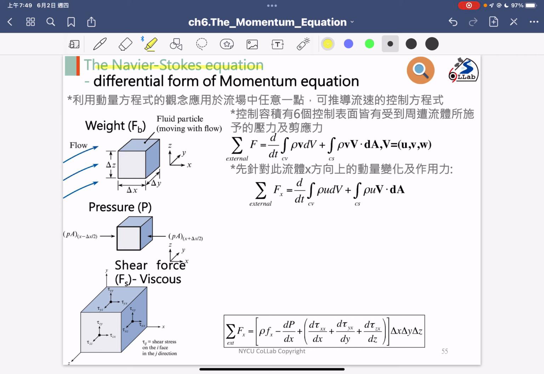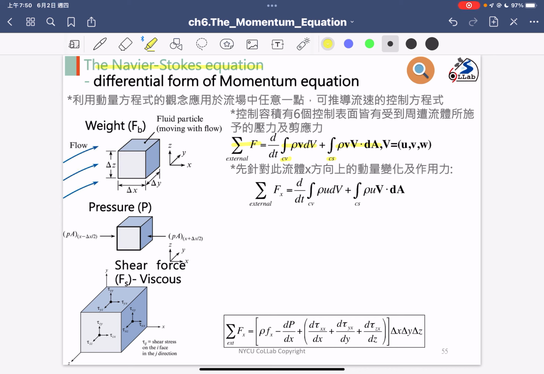Okay, so the idea is quite simple. We just start from the momentum equation. We know that the external force will equal the d/dt of the integral along the control volume of rho V dV, plus the integral along the control surface of rho V times the dot product of the velocity V with the cross-section area vector.